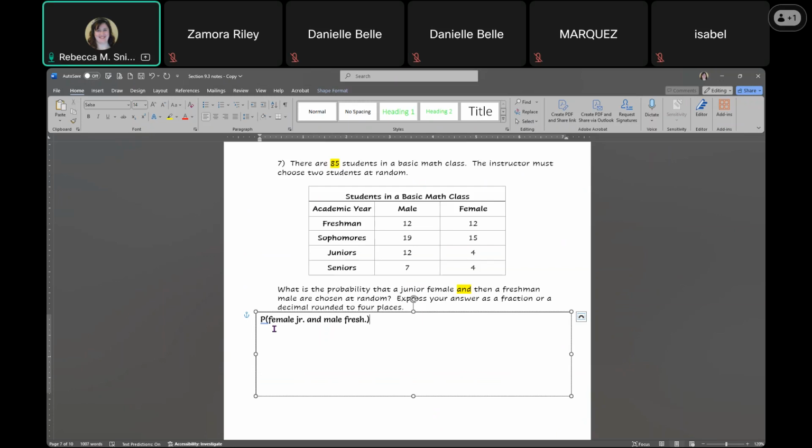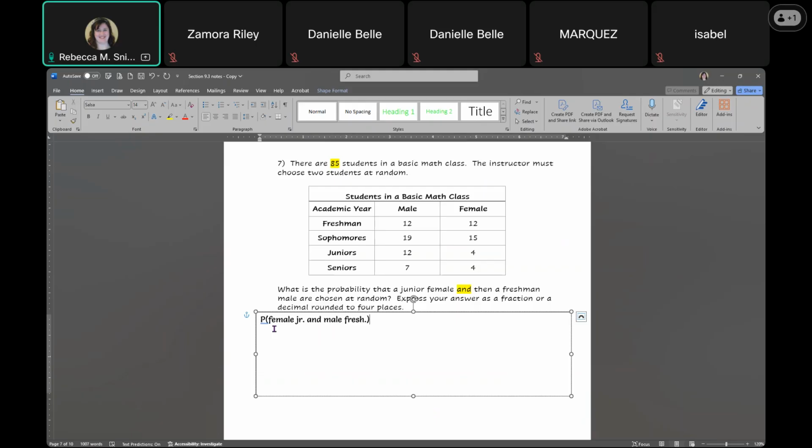This type of problem is a dependent problem in that the first choice you make is going to directly affect the choice that you can make as the second part. So you want to keep that in mind as you work it. And then we're going to do the same thing here that we did with our coins and with our cards.